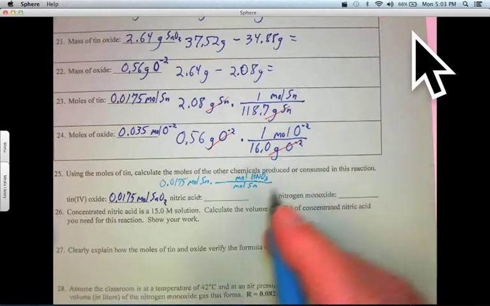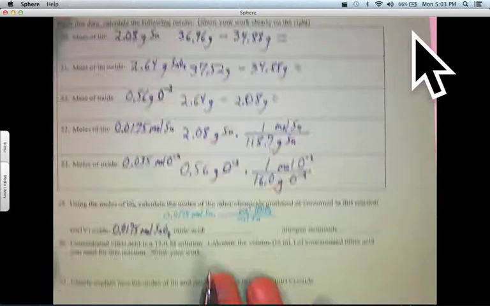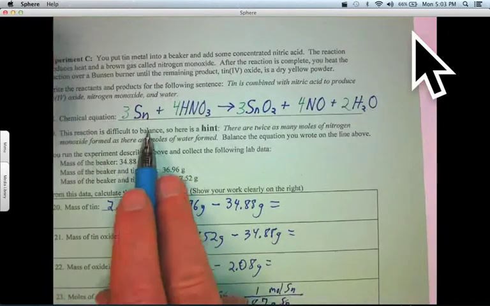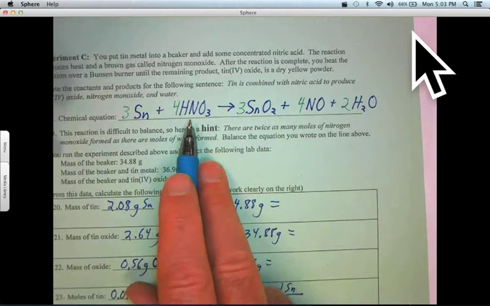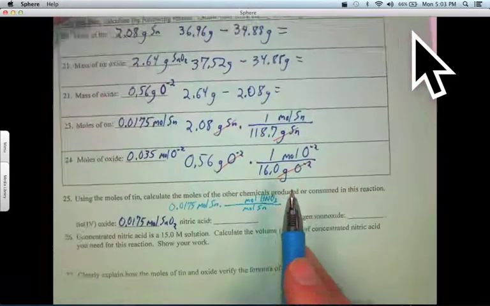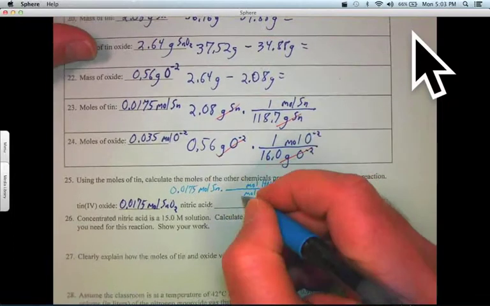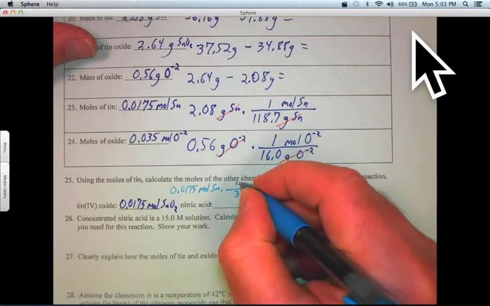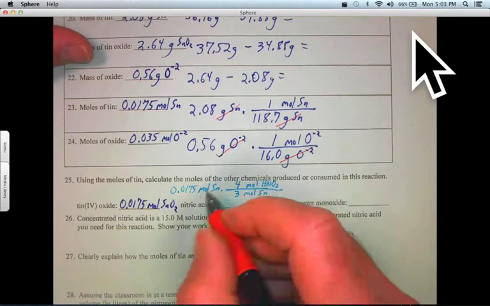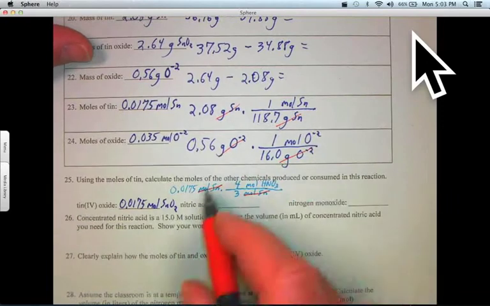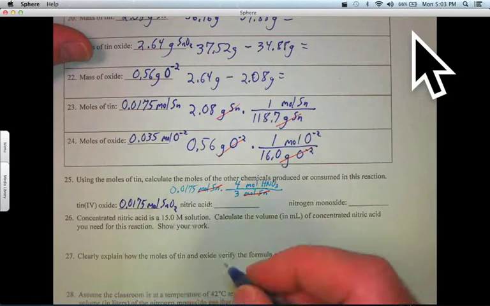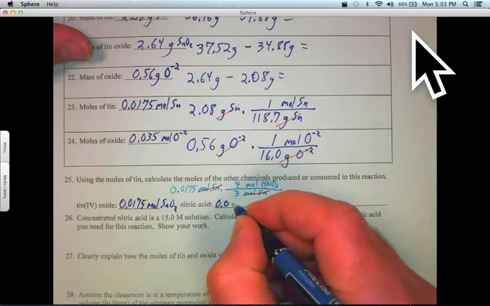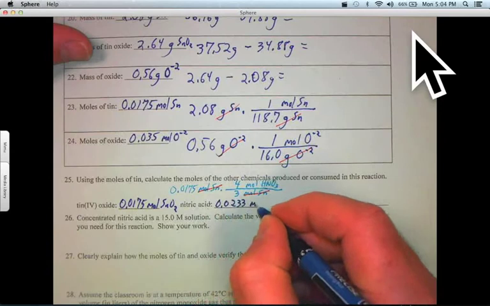How many moles of tin give us how many moles of nitric acid? 3 moles of tin react with 4 moles of HNO3. So let's put those numbers in here. 3 moles of tin, 4 moles of HNO3. Cancel our units, do the math, and it comes out to 0.0233 moles of HNO3.